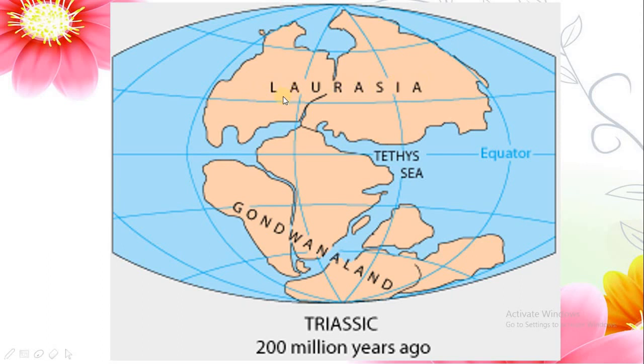It was called Laurasia. And in the south, all the southern continents we have at present, South America, Africa, Madagascar, India, Antarctica, Australia, these were also one, and were collectively called Gondwanaland.